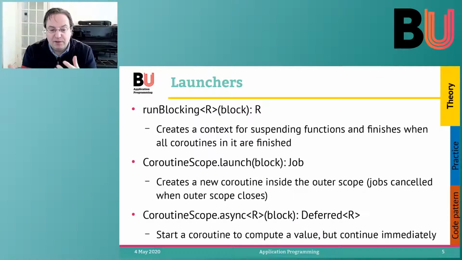The advantage is that you can run coroutines in parallel. A cool part of this is that you can use async with a parameter that makes it start lazily. That means it will only start the coroutine once the value has been requested in one way or another.